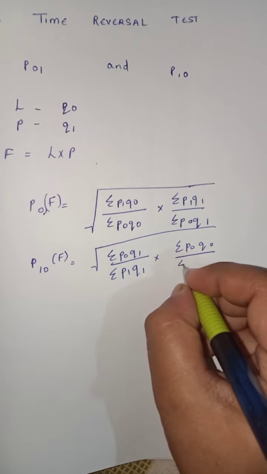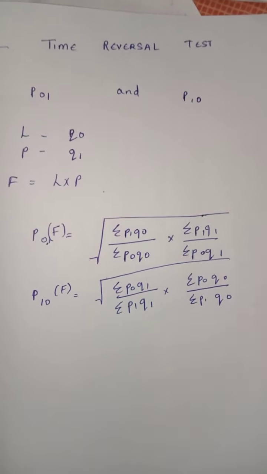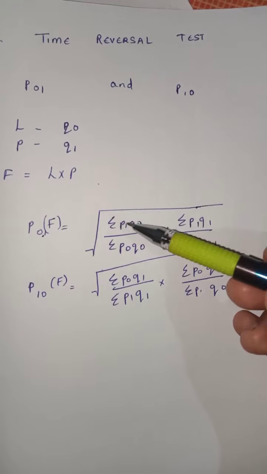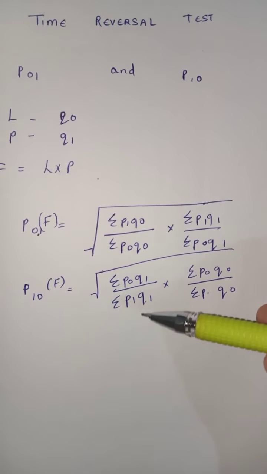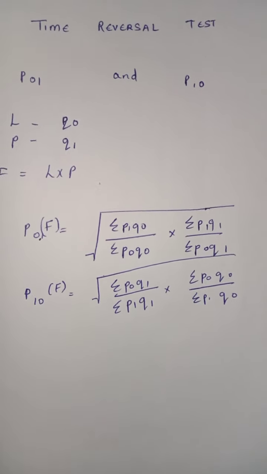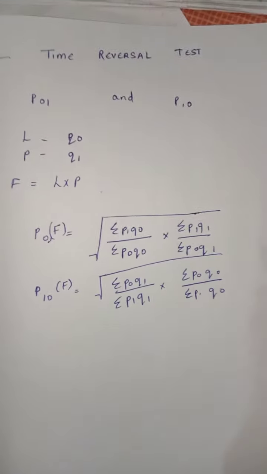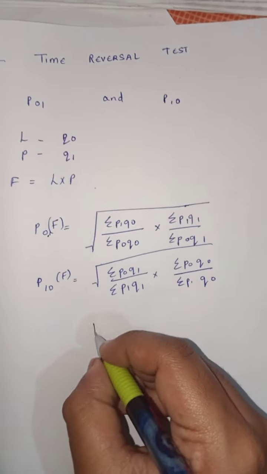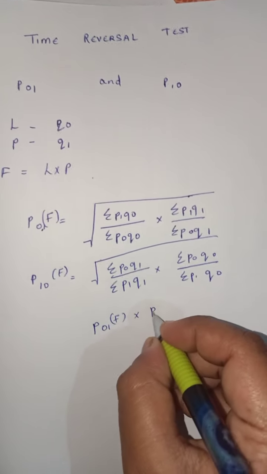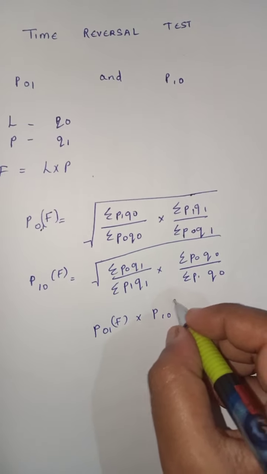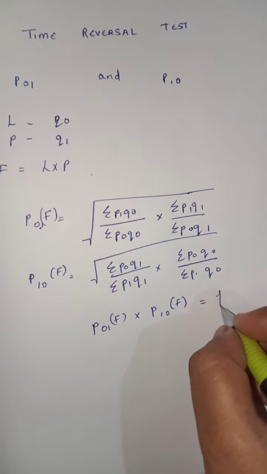Similarly here. So here basically we are reversing P1 in place of P0, Q0 in place of Q1, and P0 in place of P1. Okay, what is the reversal test? The reversal test is basically the product of both of them, that is P01 of F into P10 of F is equal to 1.